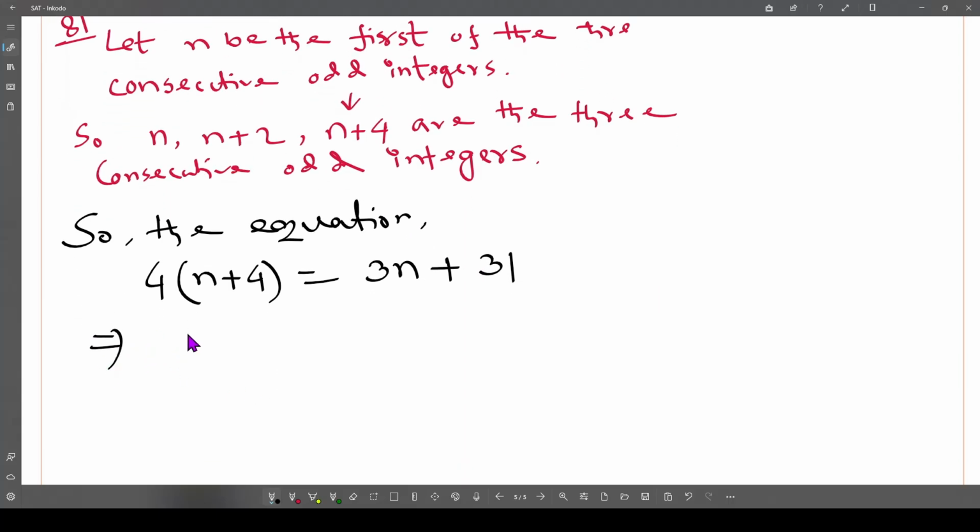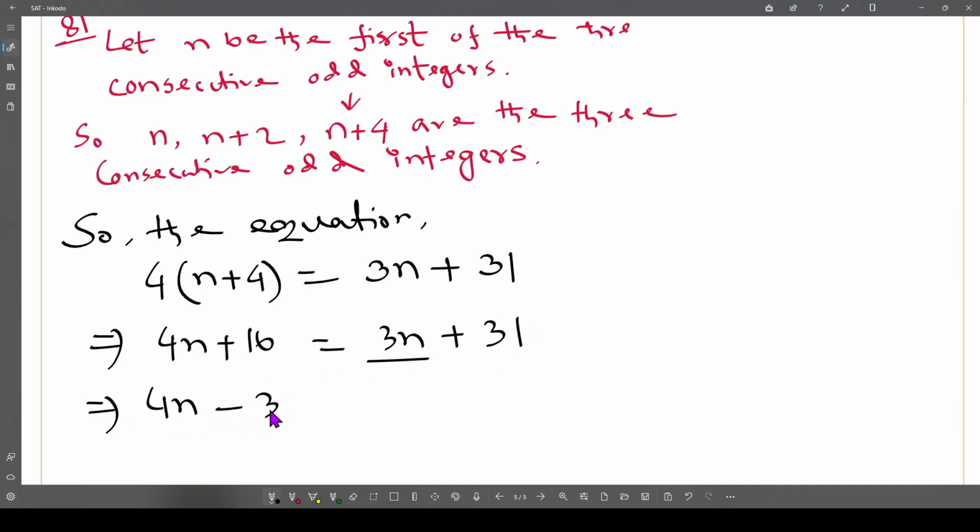Now first we have to find out the value of n. It means the least consecutive number. So 4n plus 16 equals 3n plus 31. So here is 4n, and this 3n becomes minus 3n equals 31, and this plus 16 becomes minus 16.